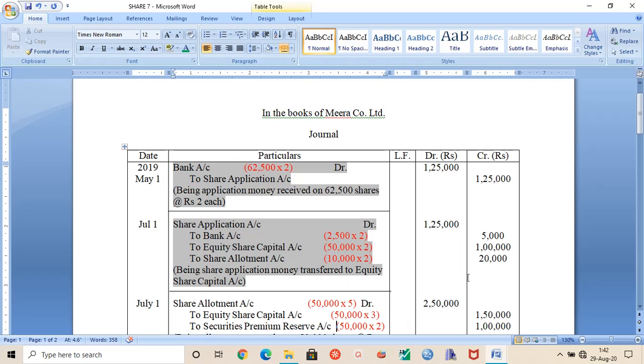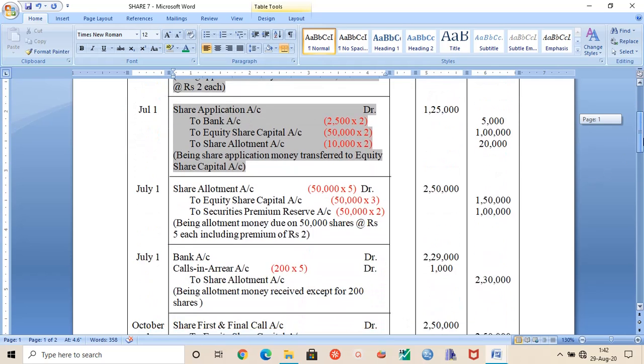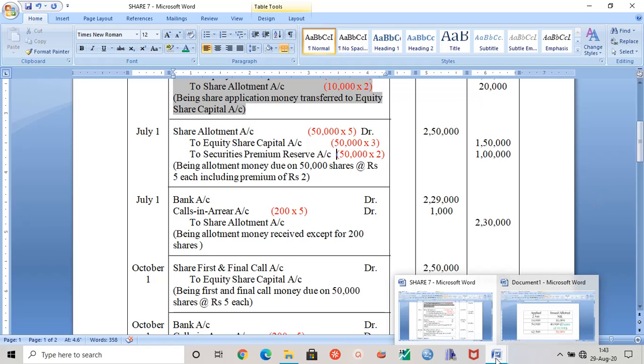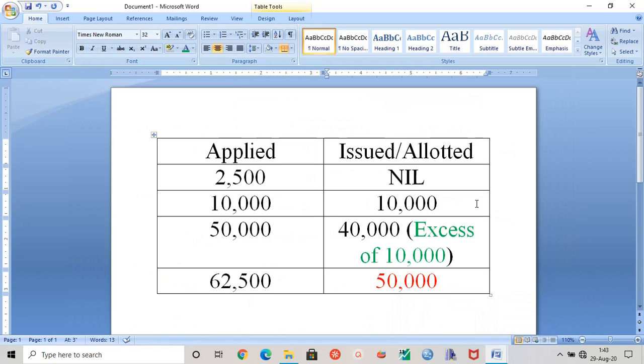Okay, so read the question one more time. You will see here, all the money due was received except from one shareholder to whom 200 shares had been allotted in full. So what do we mean by this statement? The shareholder who was holding 200 number of shares belonged to this category.